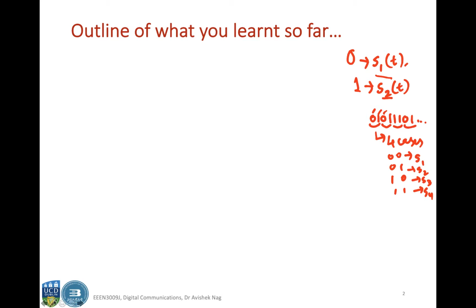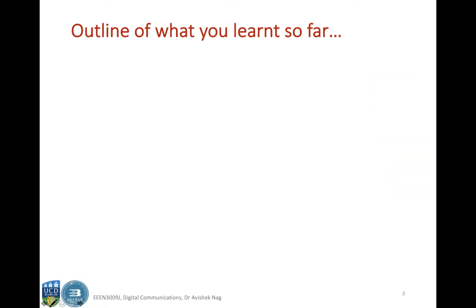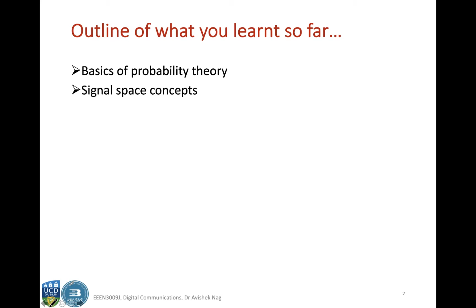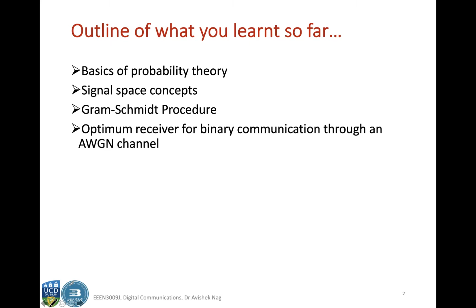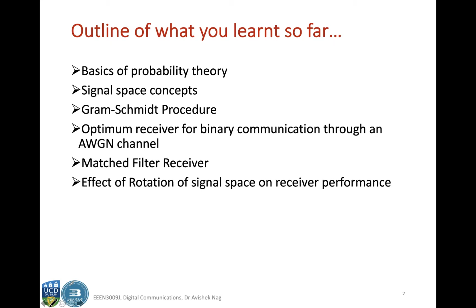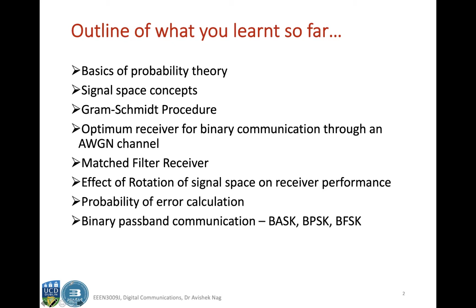Let's proceed. So far you have studied the basics of probability theory, the signal space concepts, the Gram-Schmidt procedure, the optimum receiver for binary communication through an AWGN channel, the matched filter receiver, the effect of rotation of signal space on receiver performance, and probability of error calculations.